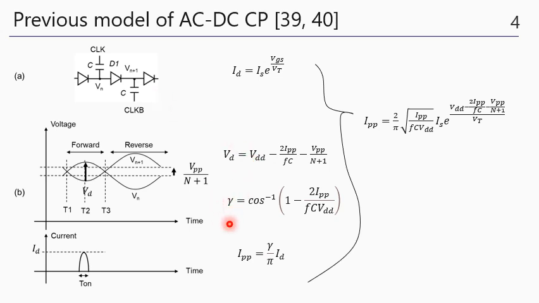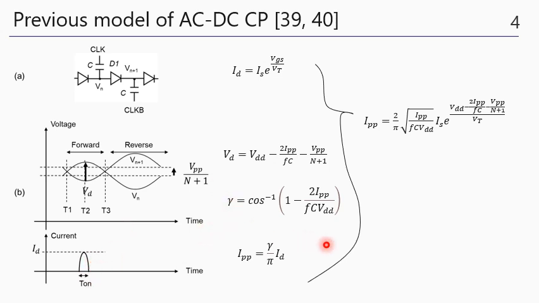And gamma is the conduction angle, meaning the time when the current appears, t on, versus t cycle.